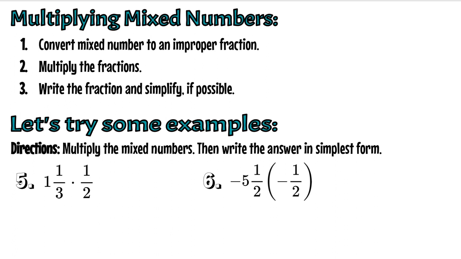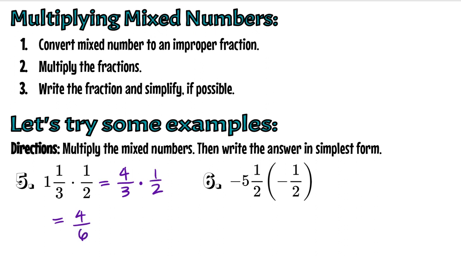So in this first example, we're going to multiply 3 times 1, which is 3, and we're going to add 1, which is 4, and we write our 1 and 1/3 as the fraction 4/3, and we're multiplying that times 1/2. The next step then is to multiply the numerators. 4 times 1, that gives us 4, and the denominator 3 times 2, which gives us 6.